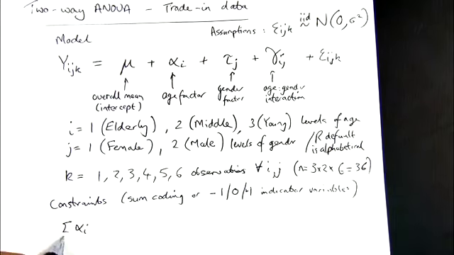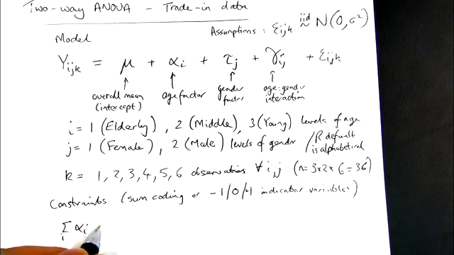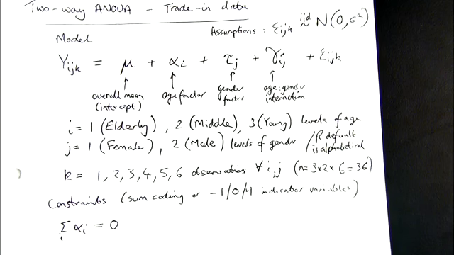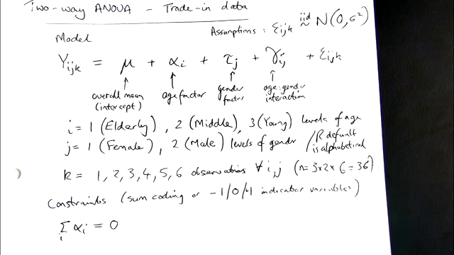Well, the first thing is that all the alpha i's summed over i have to add to 0. There are 3 age groups. It's going to fit 2 of the age factors, and I can find the third by subtraction from 0. So I add the 2 it does fit together, take the negative of them, and that's the third one.